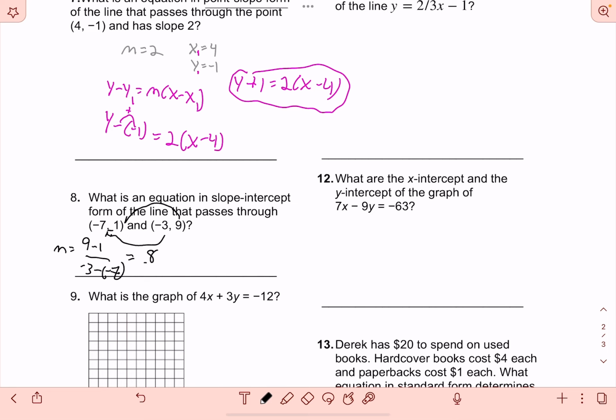So 9 minus 1 is 8. -3 minus a -7 is -3 plus 7, which is 4. 8 over 4 equals 2. Okay, so we got the slope.